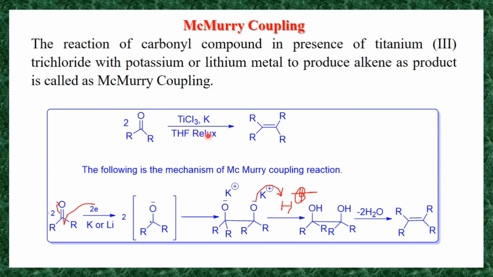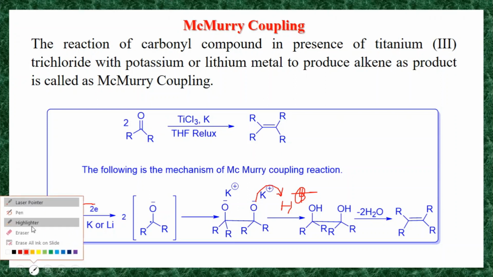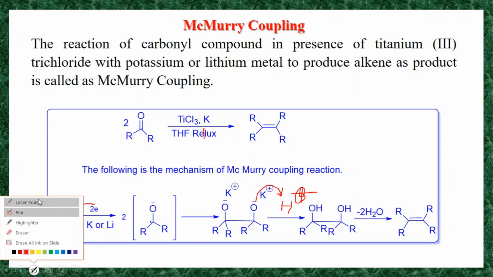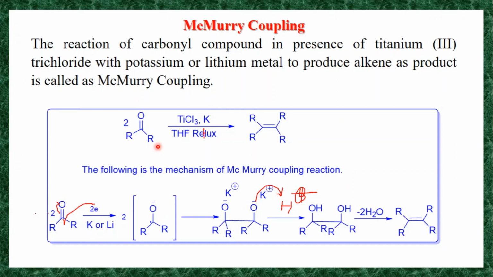So this is not relux, it's reflux. And you will get this alkene as a product. This reaction is called the McMurry coupling reaction, and this is its general mechanism.